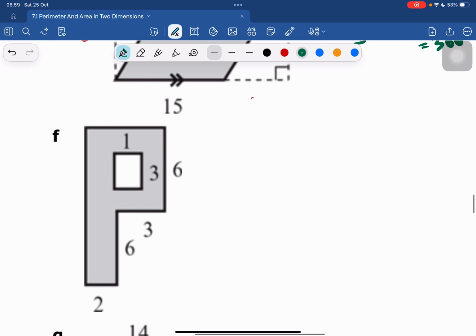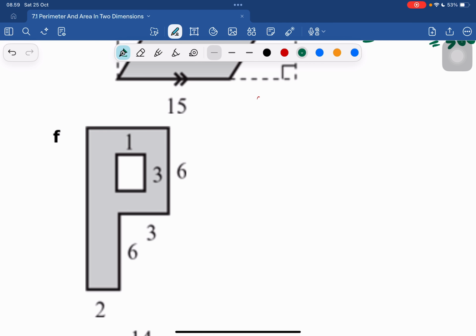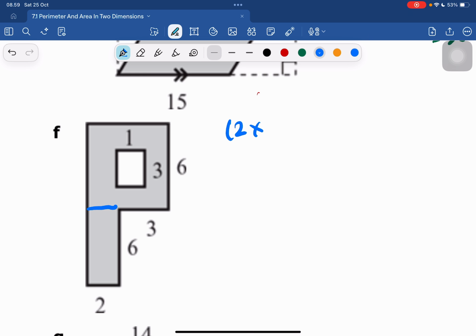Next for G. What can we see from here? Okay, we got this shape first, 6 and 2. 6 times 2. And then next we got this rectangle, isn't it? This is 6. This is 3 and 2.